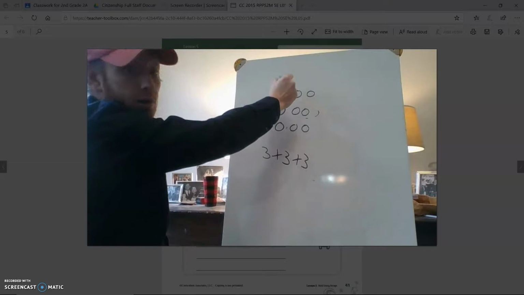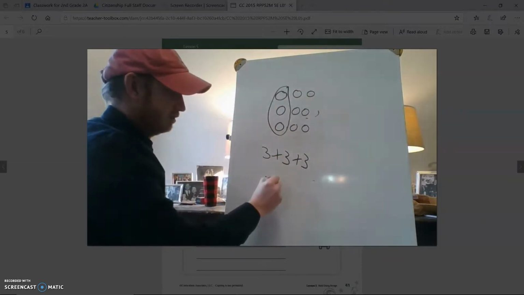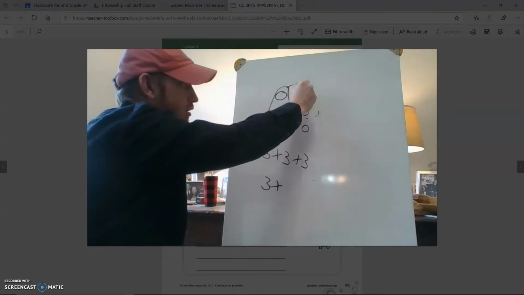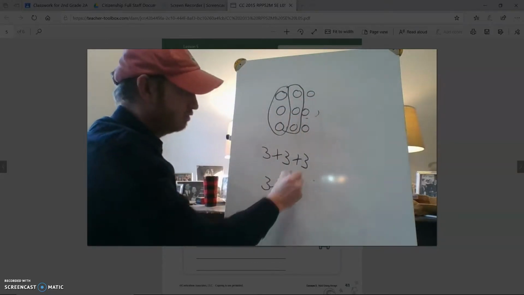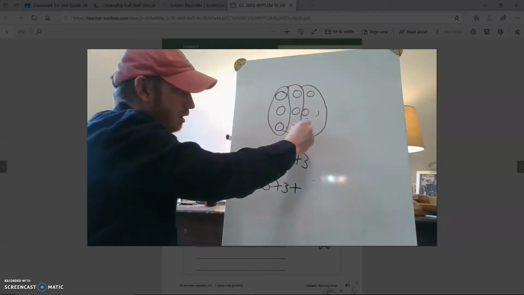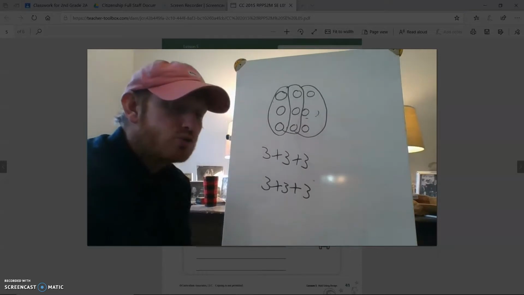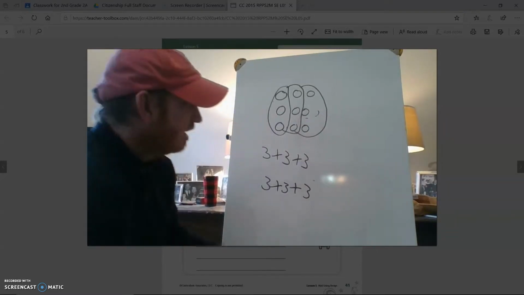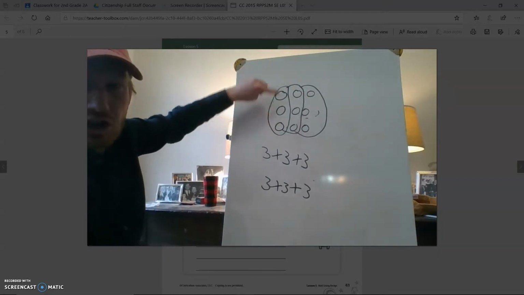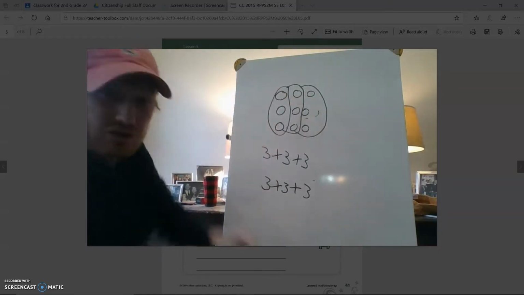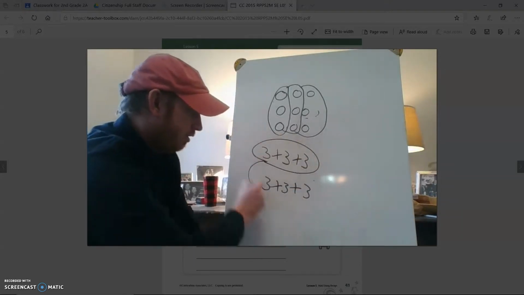Because it would go 3 plus 3 plus 3. So this is one of those rare examples where if going across and vertically you have the same number on each, then it's going to be only one problem that you can come up with.